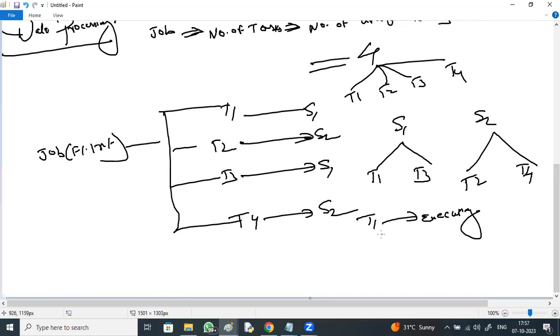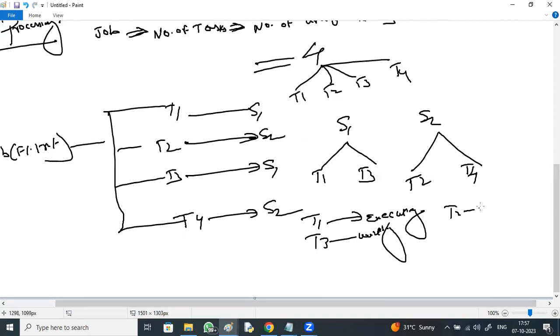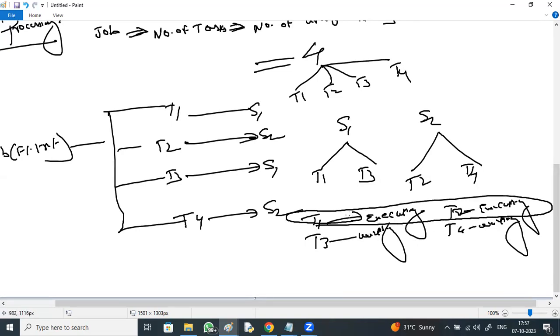When T1 is executing, T3 will be in the waiting state in S1. If I go to S2, when T2 is executing, T4 will be waiting. Means only two tasks are executing parallelly. T3 and T4 will be in the waiting state.